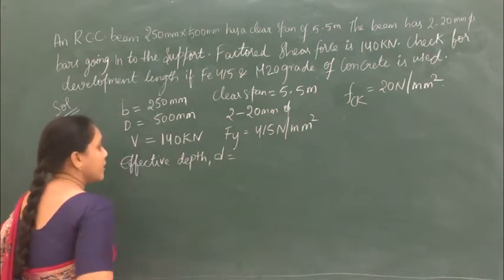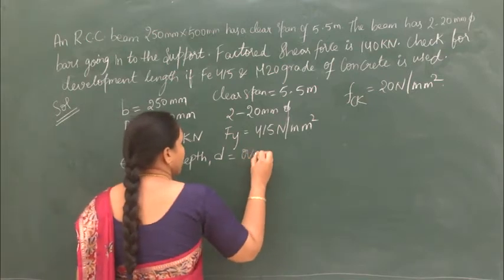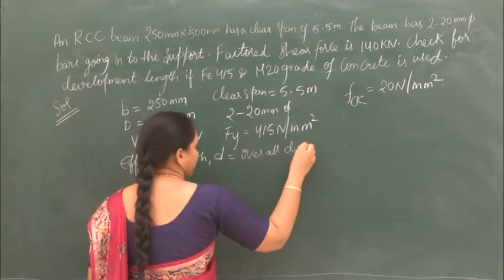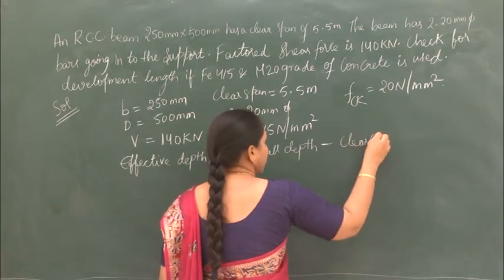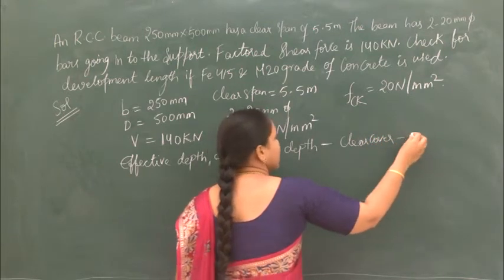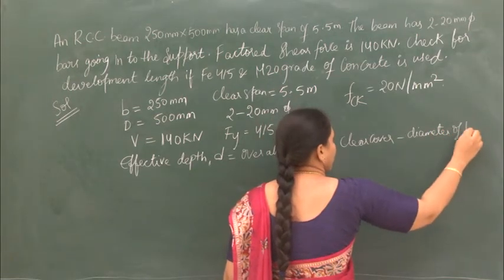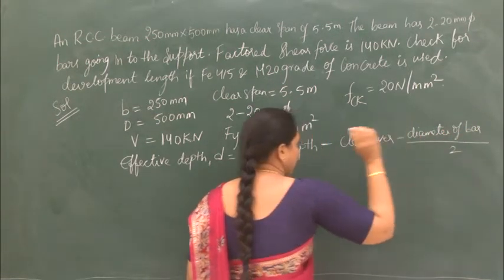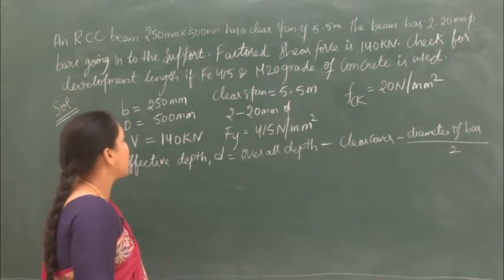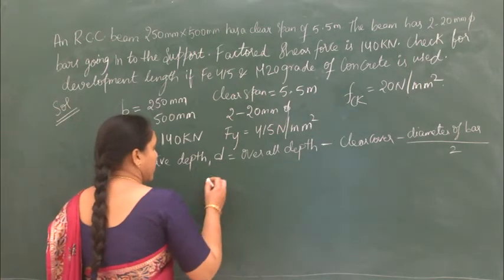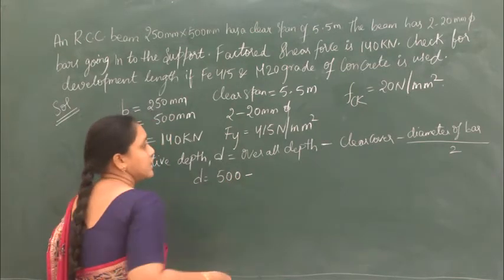How can we calculate the effective depth d? Effective depth d is equal to the overall depth minus clear cover minus diameter of bar divided by 2. The overall depth of the beam is already given as 500 mm. So d is equal to 500 minus clear cover.